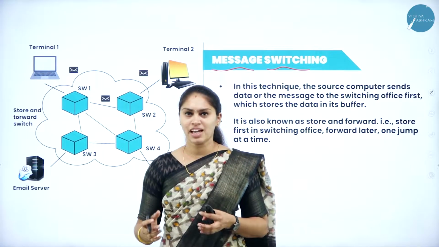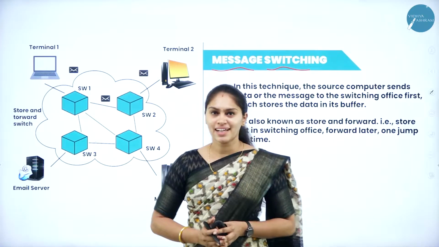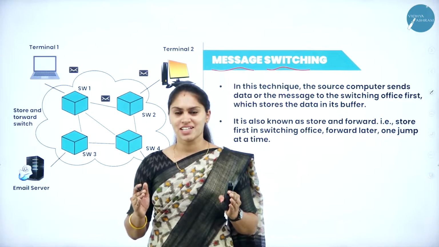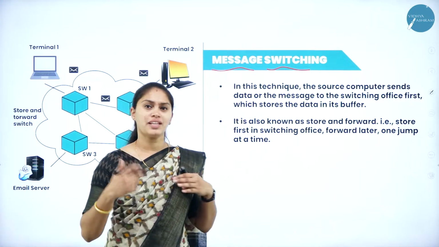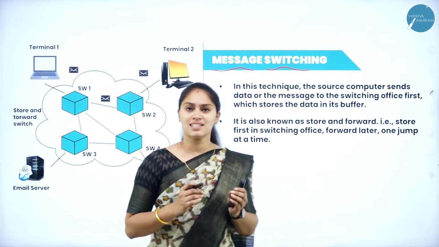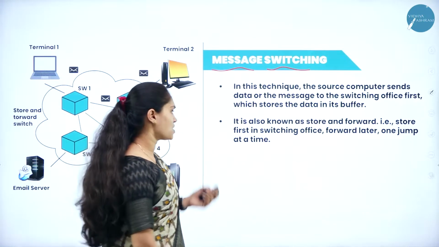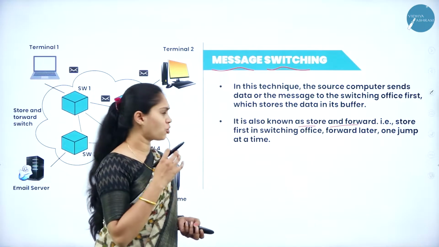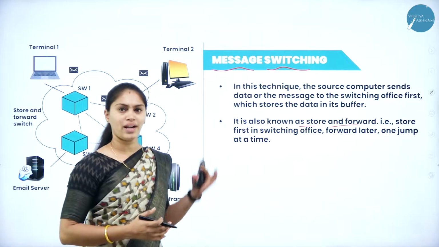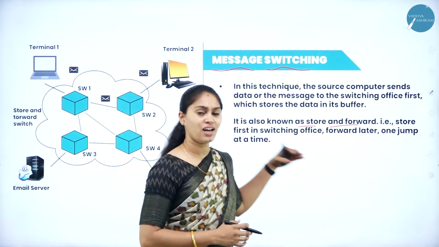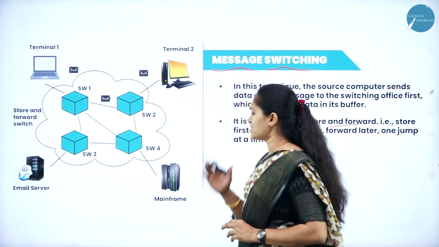There is no direct communication or transfer of data from sender to receiver. Instead, the message is first stored in the switching office. It is buffered and stored, and whenever necessary, only then is it forwarded to the receiver. That's why it is also called store and forward. The stored information stays in the switching office, and whenever required, it is forwarded to the receiver, so there is no direct communication between the sender and the receiver.